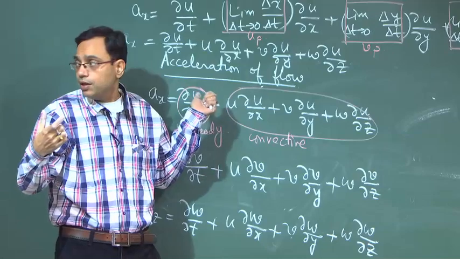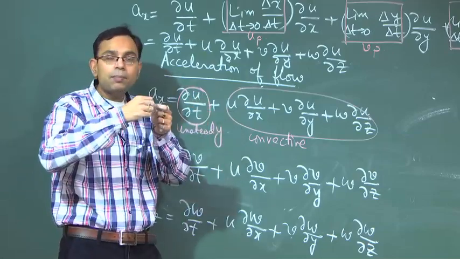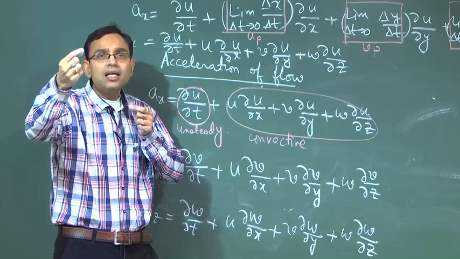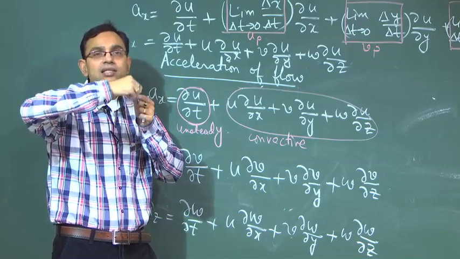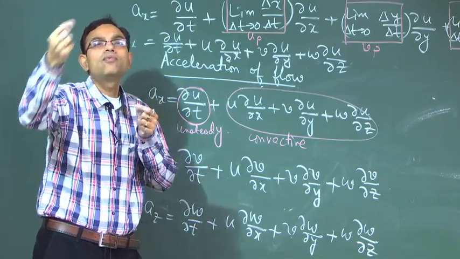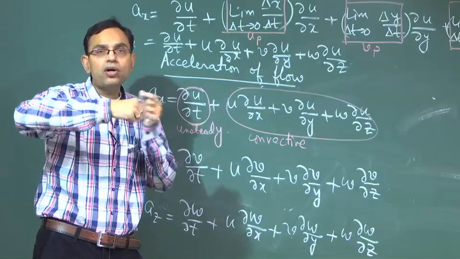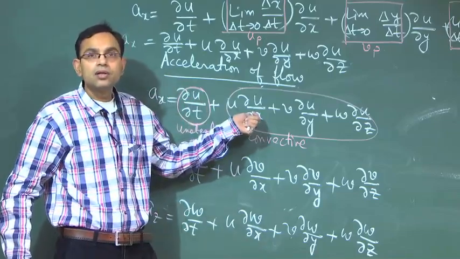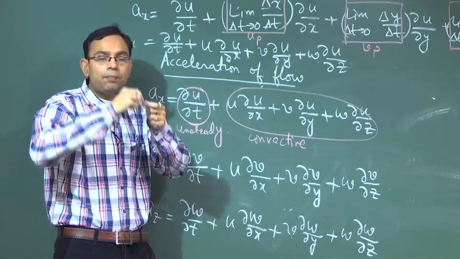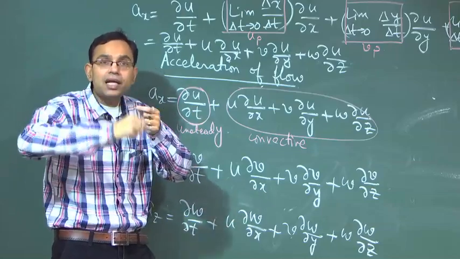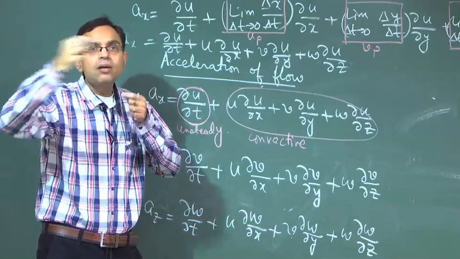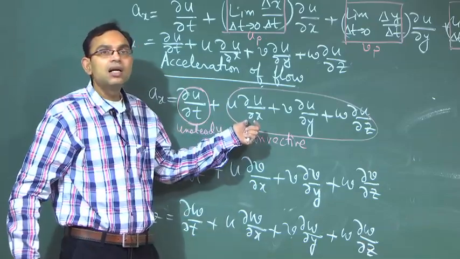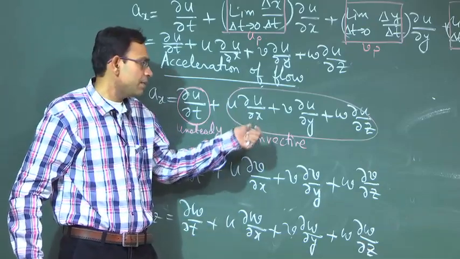So how is it possible? It is possible because the particle has gone to a new location where the velocity field has changed because it is non-uniform flow. It is steady but non-uniform, then this term is not there, but this term will be there. So the particle, by virtue of migrating from one location to the other, finds a new location where the velocity is different, and that is how it is having some acceleration.